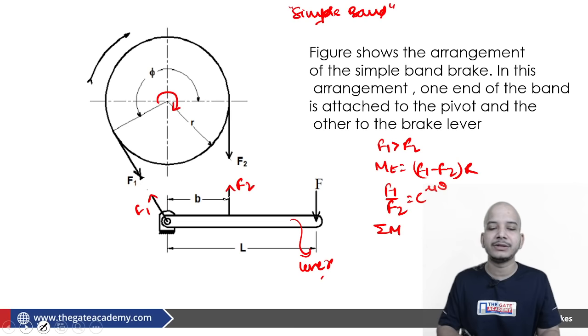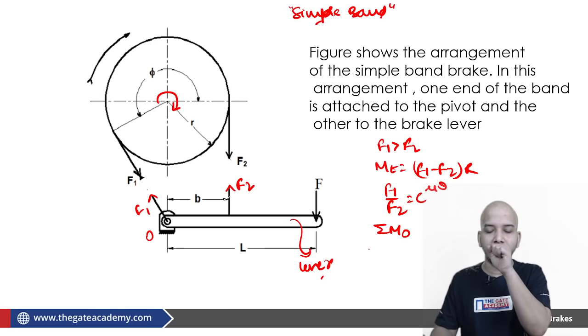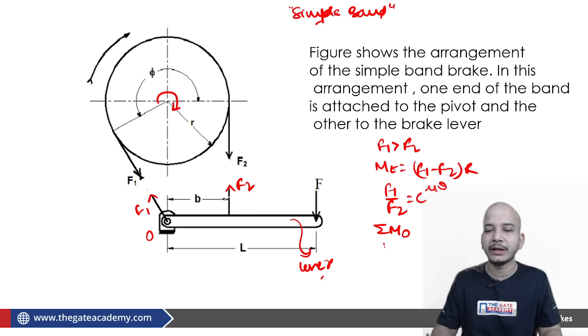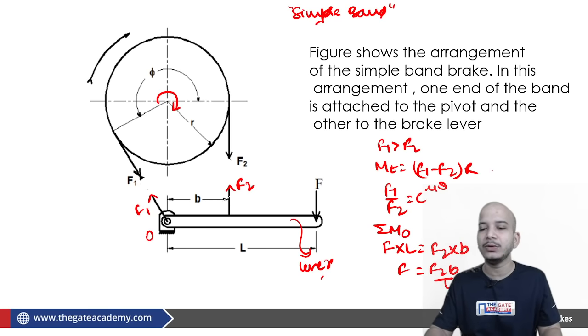From here you can straight away say that net moment about point O must be 0. Let's say this is point O, the hinge point. From here you can say that F into L must be equal to F2 into B. Of course F1 is passing through the pivot itself, so no moment corresponding to that. So P must be equal to F2 into B by L. So these relations you must be able to understand.